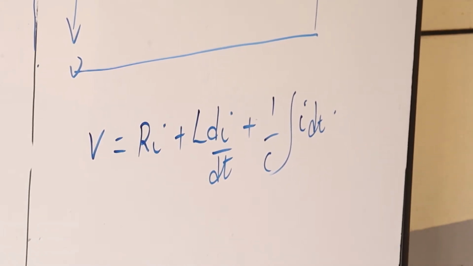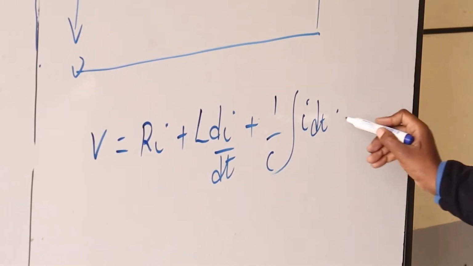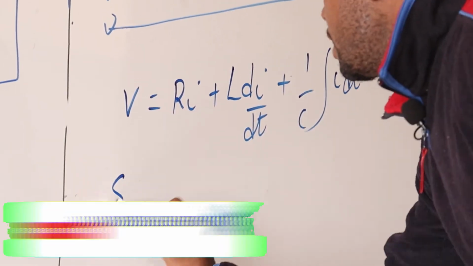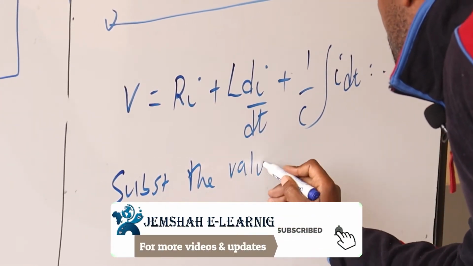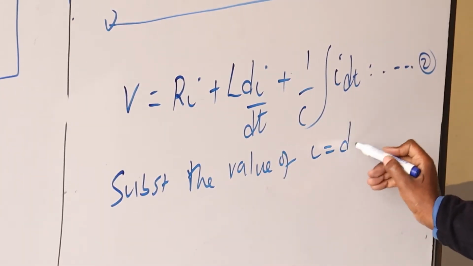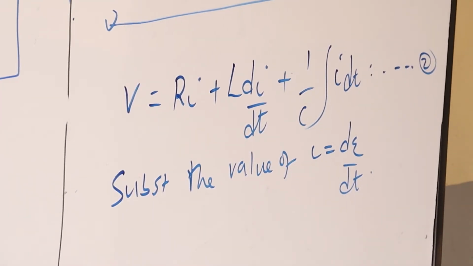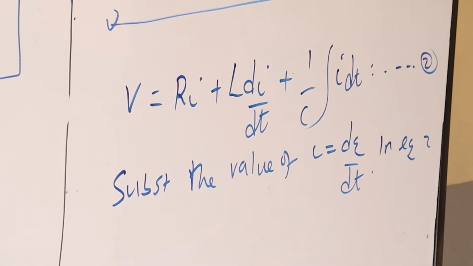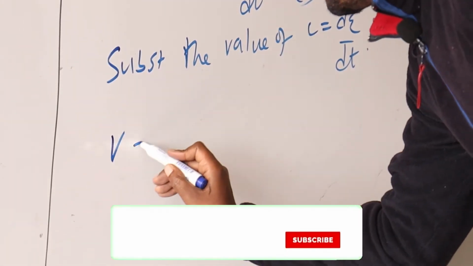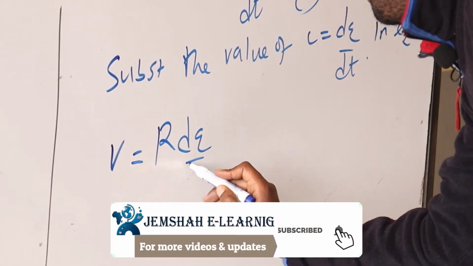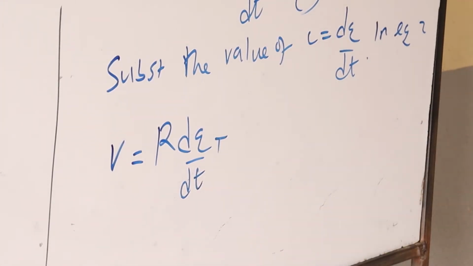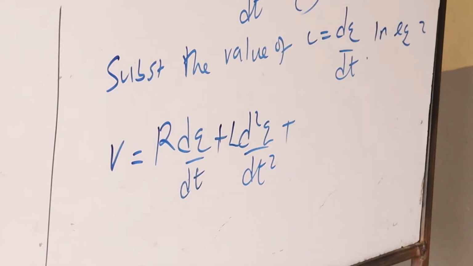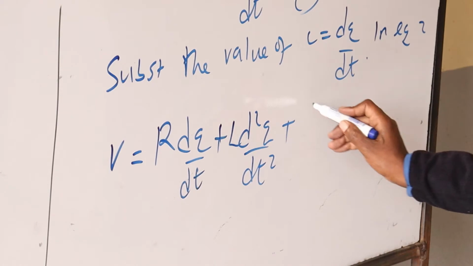We can call this one equation 2. Substituting the value of i with dq/dt in equation 2, we are going to find that V is equal to R dq over dt, plus L d squared q over dt squared, plus 1 over C q.